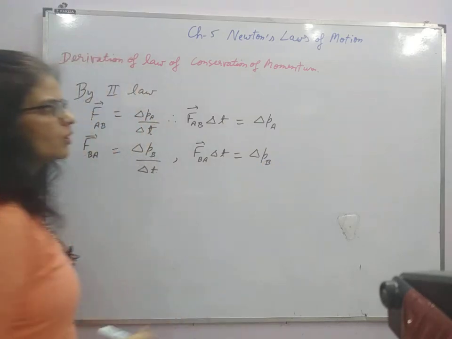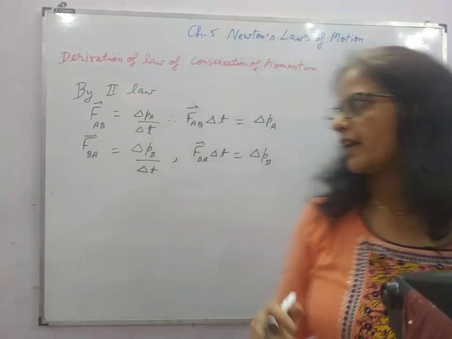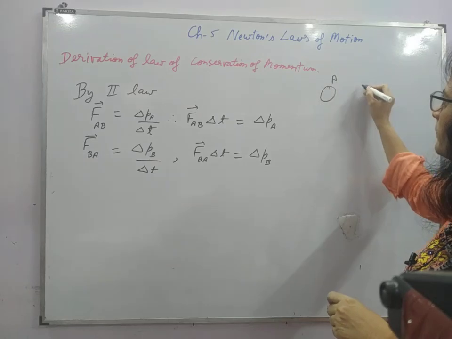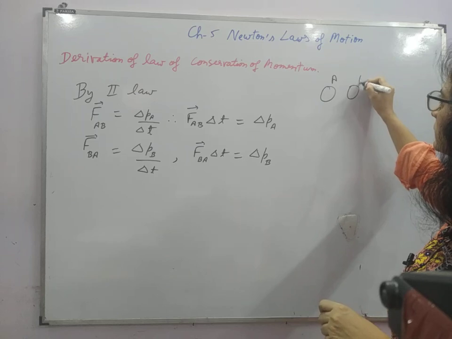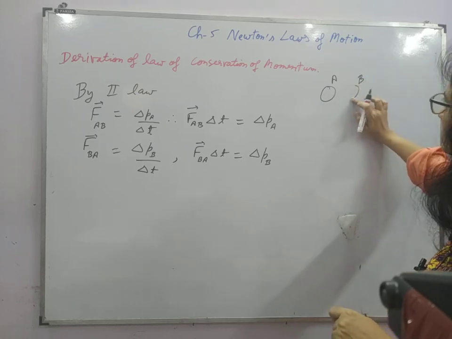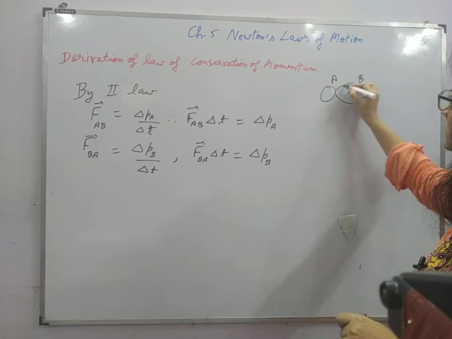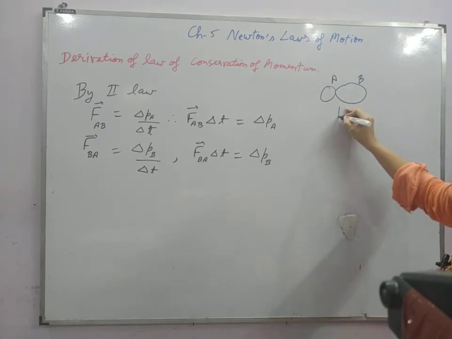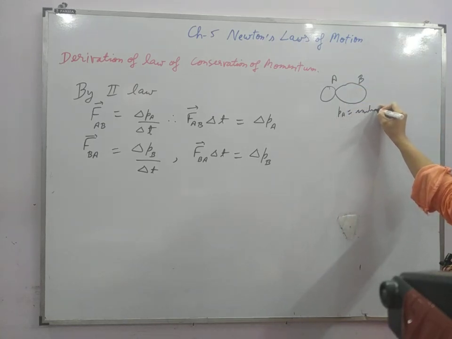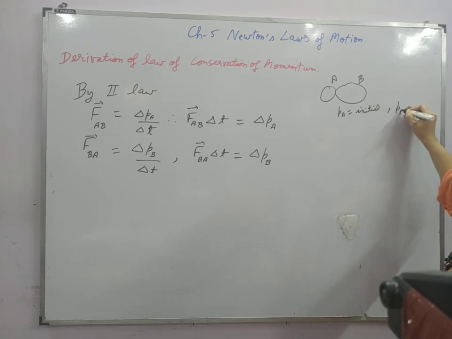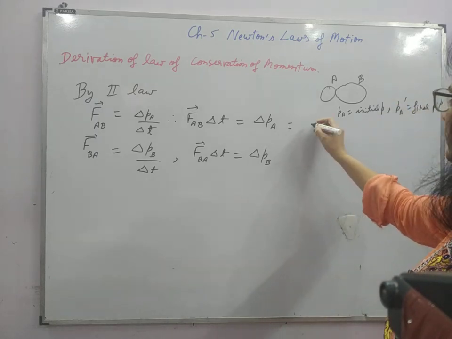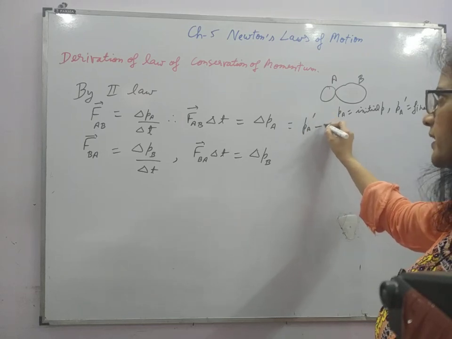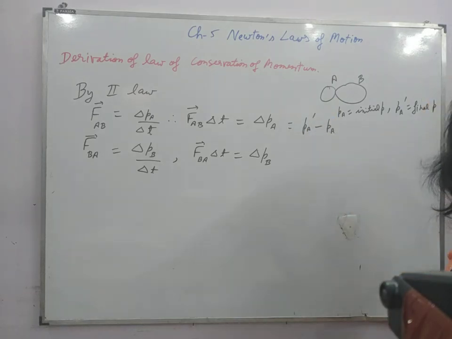If I have two bodies A and B, and PA is the initial and PA dash is the final momentum, then the change is PA dash minus PA.